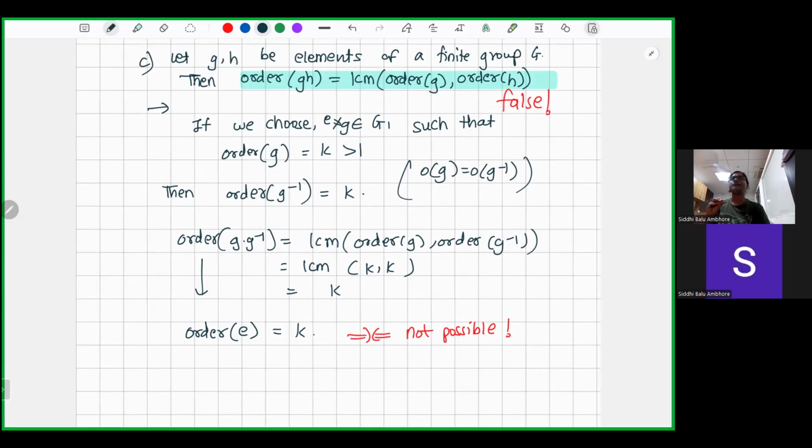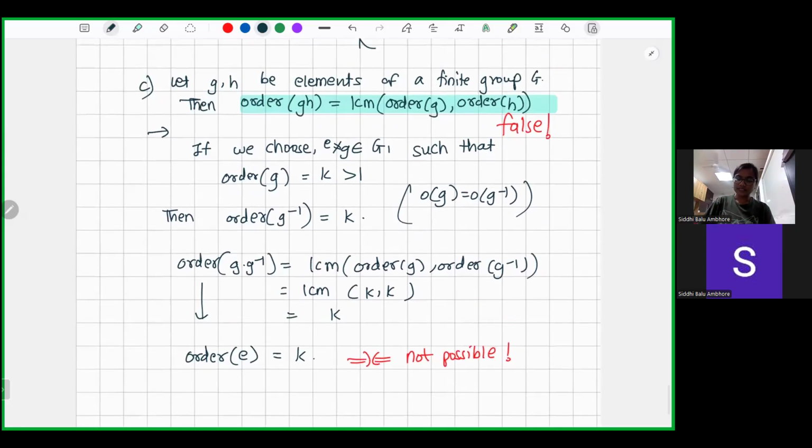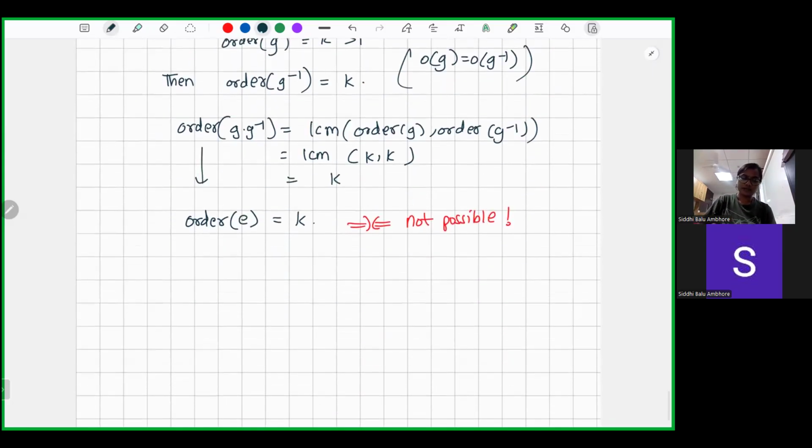Take Sn and take any two elements, and check whether the order of GH will be equal to LCM of order of G and H or not. Check whether that happens or not. And you can take any two non-permuting cycles. I mean, try to find an explicit example using Sn.